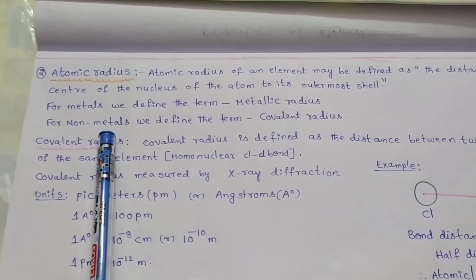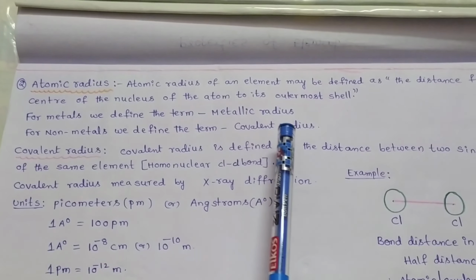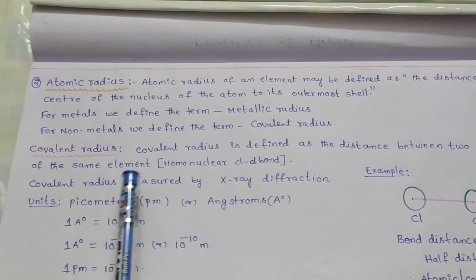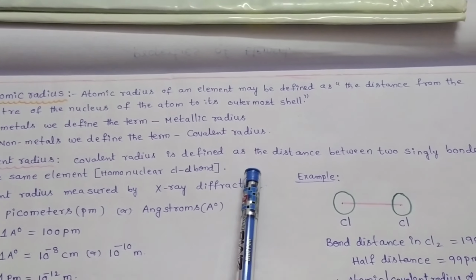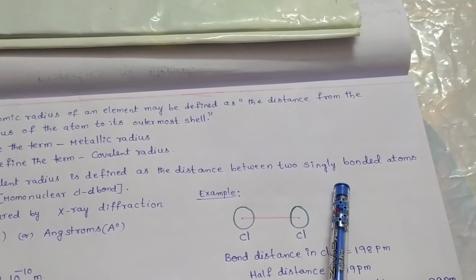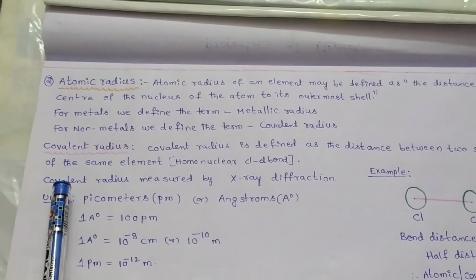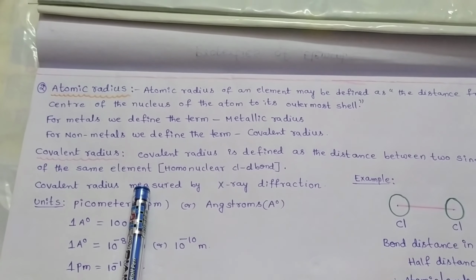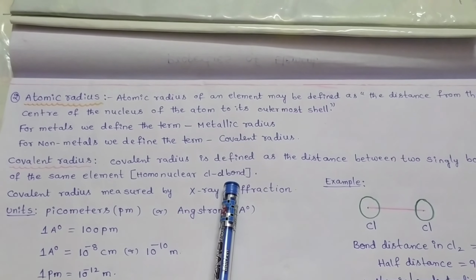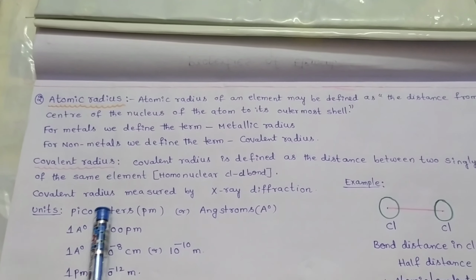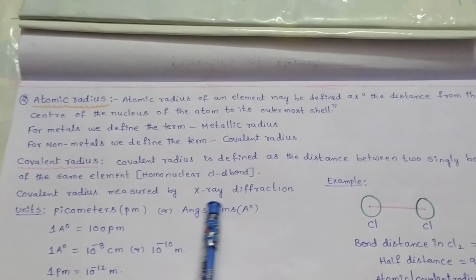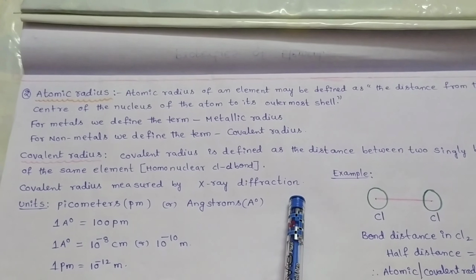For non-metals, we define the term covalent radius. Now we discuss covalent radius. Covalent radius is defined as the distance between two singly bonded atoms of the same element, nothing but homonuclear elements. For example, the Cl-Cl bond.